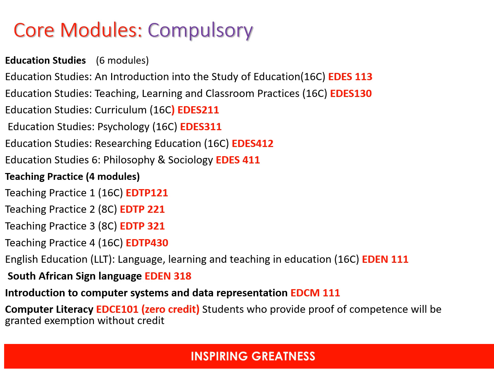We also have a module on coding and robotics, EDCM 111, to prepare you to teach in the 4th Industrial Revolution. And we have the computer literacy module, where you have to show competence in use of the computer. Students who can provide proof of competence will be granted exemption without credit. This is a non-credit bearing module.